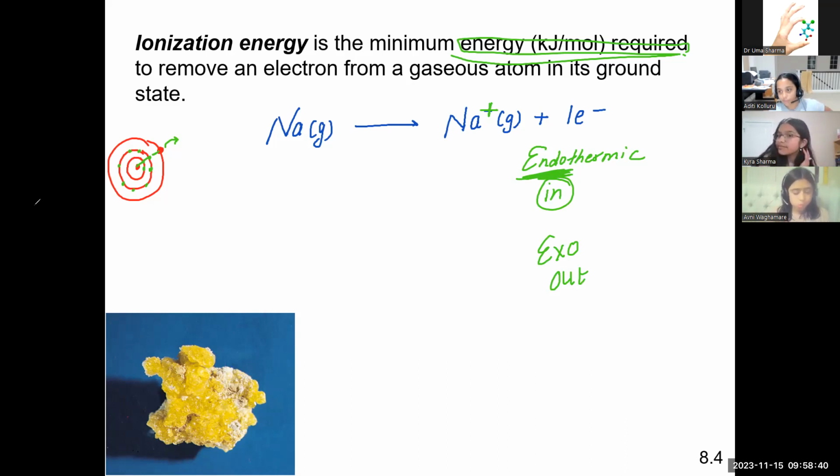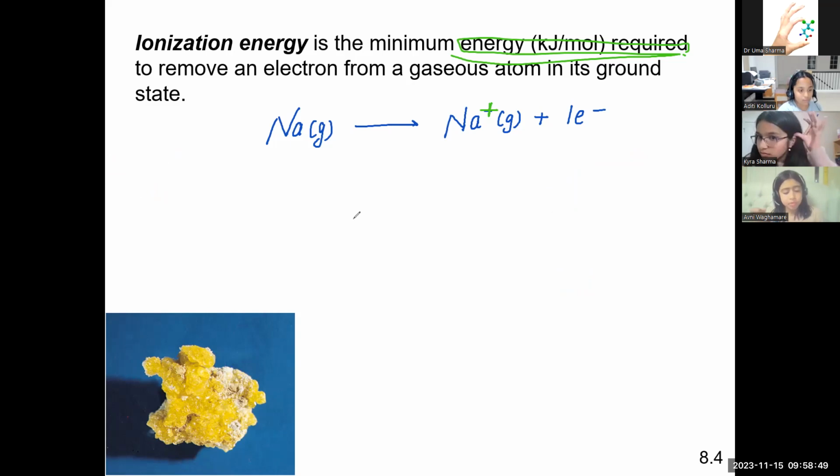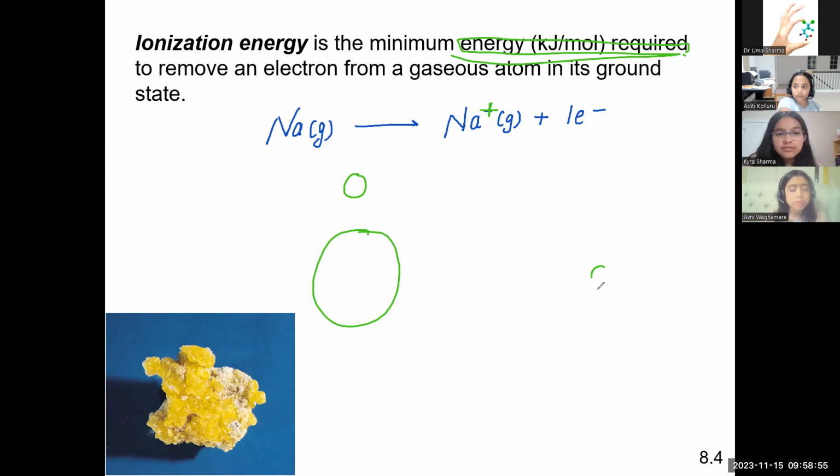Okay, now let's see the periodic trend, which is very easy to understand. Atomic size increases down the group and decreases across the period. So as I go down the group, what happens to the force of attraction between the nucleus and the outermost electron?